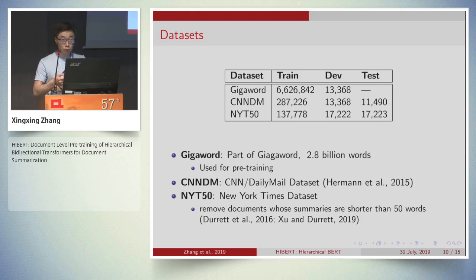And there are also 2 summarization data sets, the CNN Daily Mail dataset and the New York Times dataset. We created the New York Times 50 dataset following previous work, removing documents whose summaries are shorter than 50 words, because if a document has a very short summary, extractive models just can't get a reasonable performance.